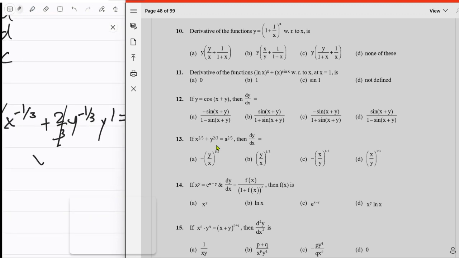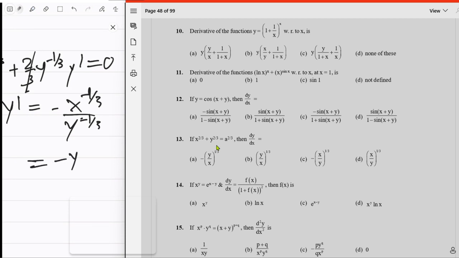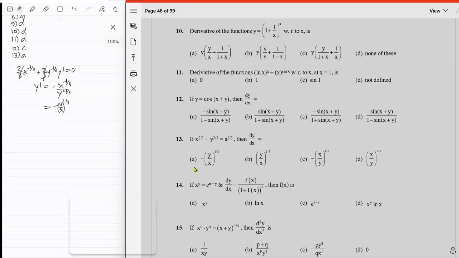This cancels. Oh, and I should also have y dash over there. That just means y dash is equal to negative x power negative 1/3 upon y power negative 1/3, which is like negative y power 1/3 upon x power 1/3, right? Yeah. So that is A. Next question. 13th is done.